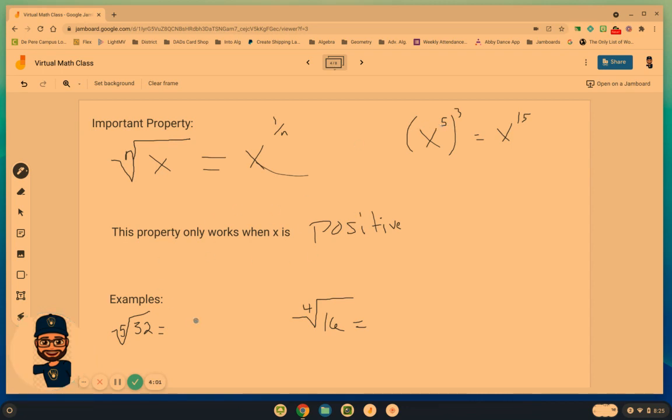So if we are trying to simplify some of these or rewrite them, the 5th root of 32 is the same as saying 32 to the 1/5 power. Or the 4th root of 16 is also the same as saying 16 to the 1/4 power. And being able to go back and forth between these is going to be very helpful as we get to working with more complex radicals and inverse functions.